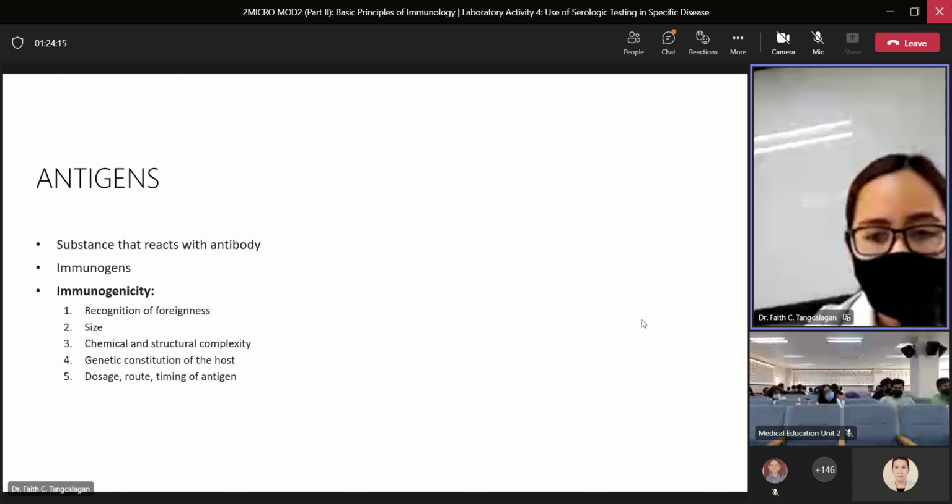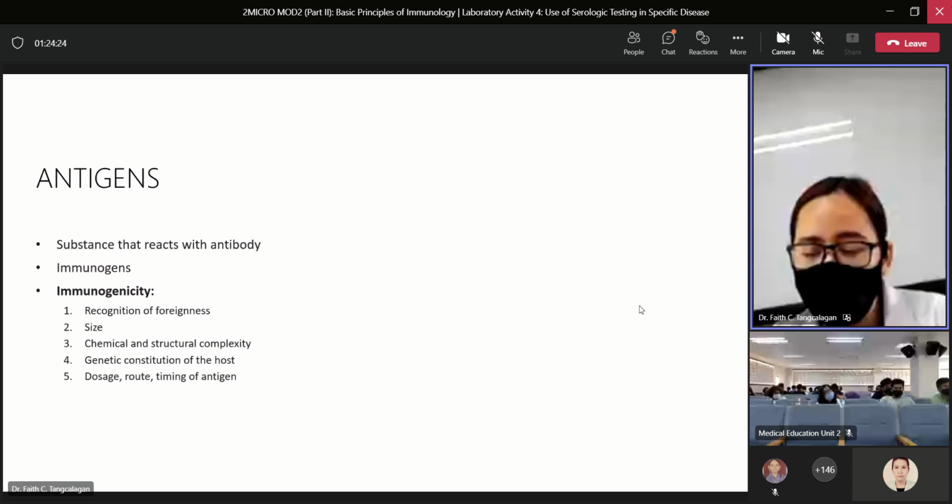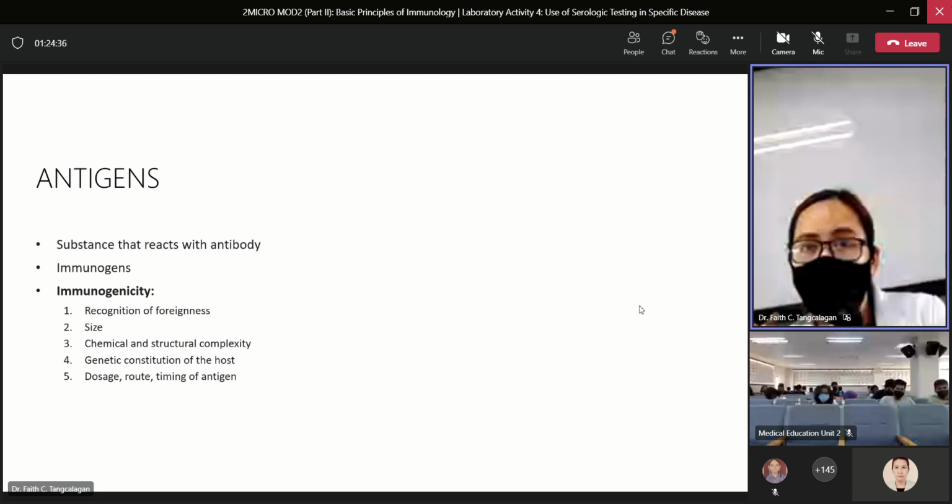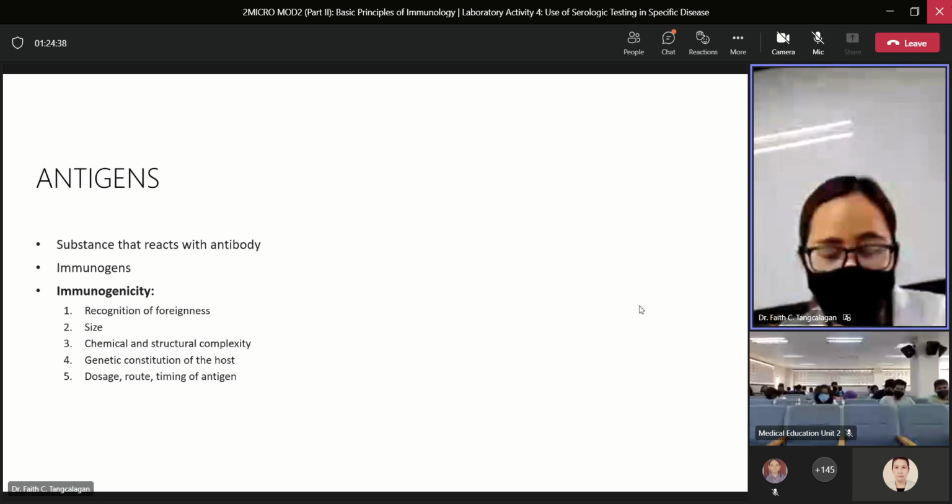So if our immune cells recognize that you are a foreign cell, so that actually causes reaction. No? So that's one property. Number two is the size. No, so the larger and the more complex size of your immunogen or antigen causes an immune response. Okay, so that's another property.